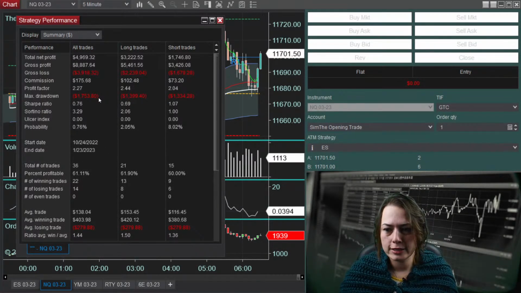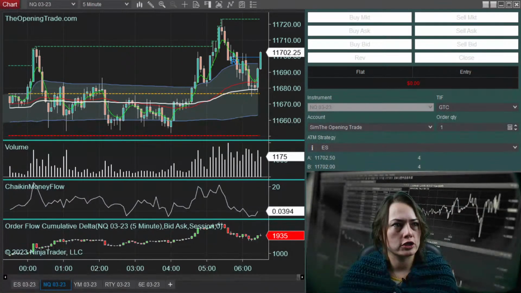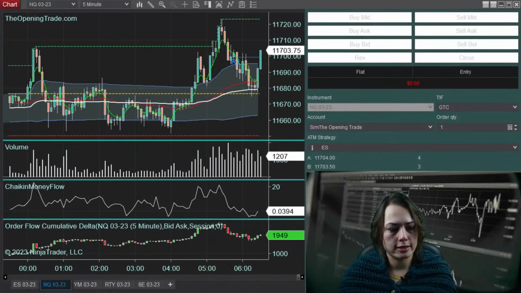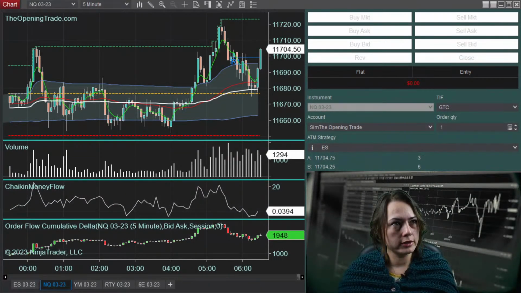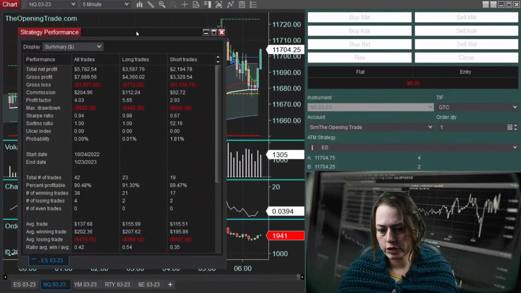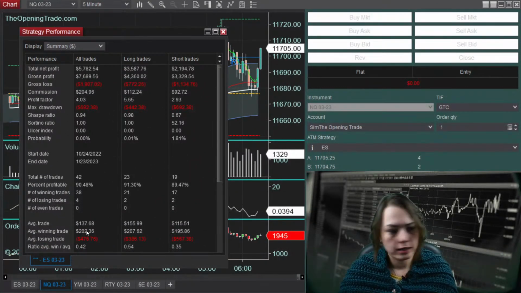Okay, so you see the end date is today, start date is today. We have the max drawdown here, the gross loss, gross profit, total net profit. This is for the NASDAQ futures, which is the first strategy we could see trade today. Our next chart is going to be the ES, which is the S&P 500.